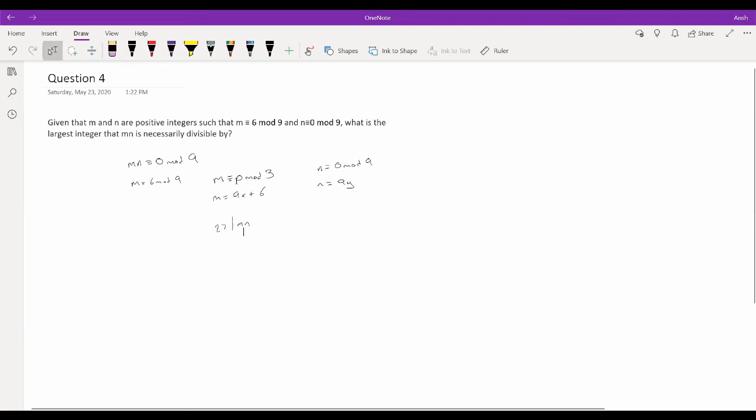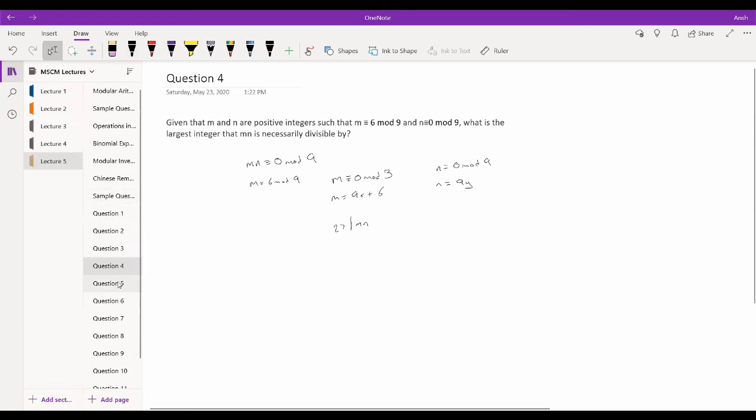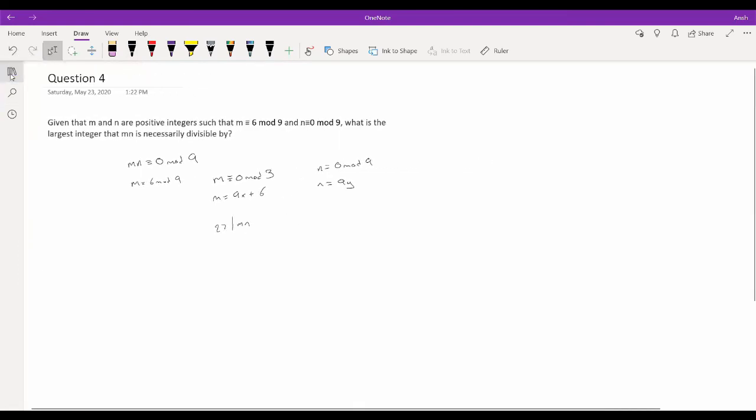And we, in fact, did find a larger number that divides mn. And that would be our final answer, which is 27. And a special property that this problem showcases is that if you have a number, let's say m is a mod b, the largest number that divides m would be the GCD of a and b.